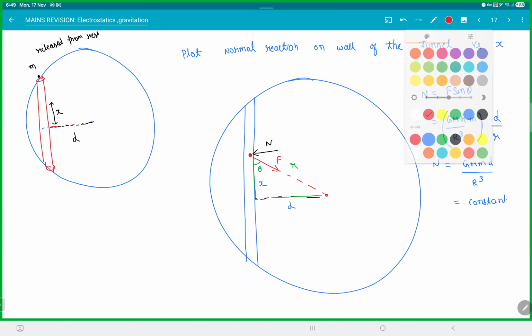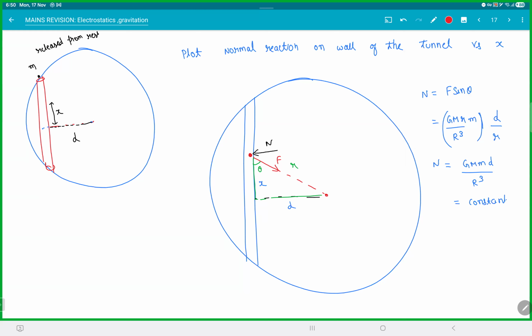And if you look at the vertical forces, that will be F cos theta is equal to ma. So this would be minus G M m x by r cube is equal to ma. You still get the same time period. So it doesn't matter where you make it.